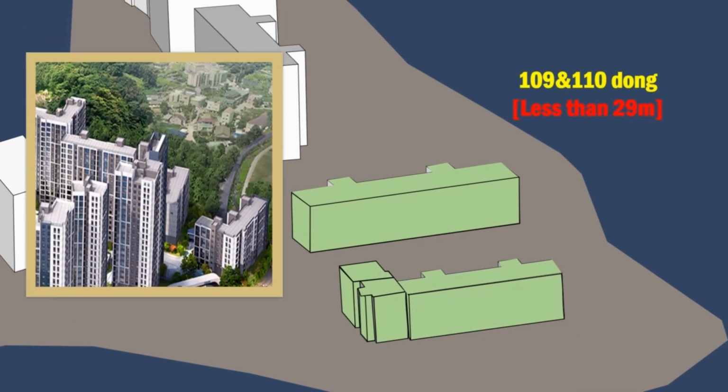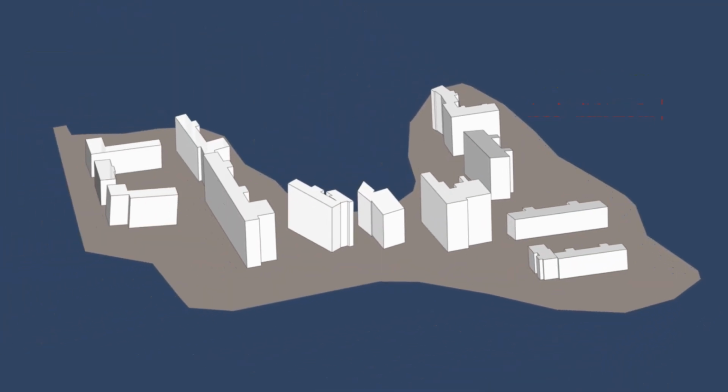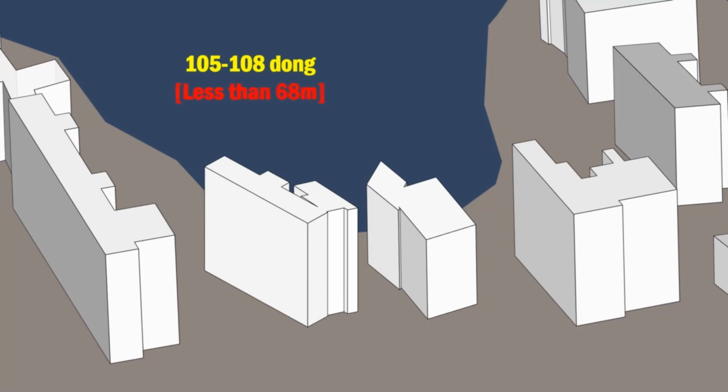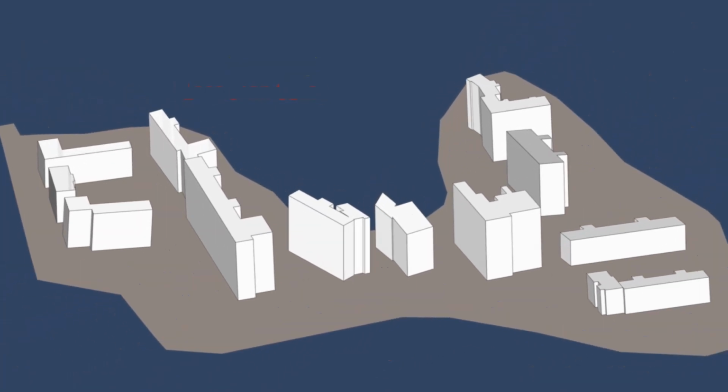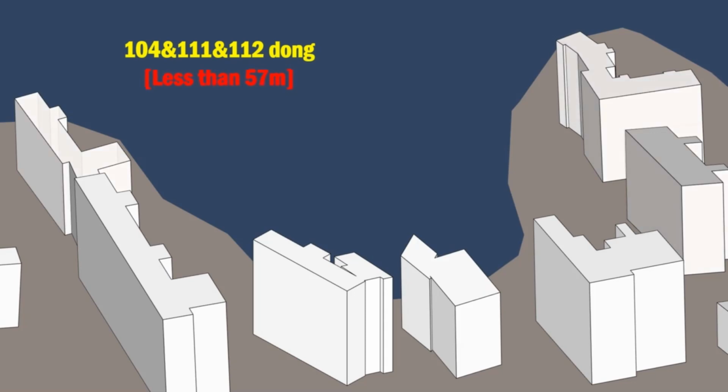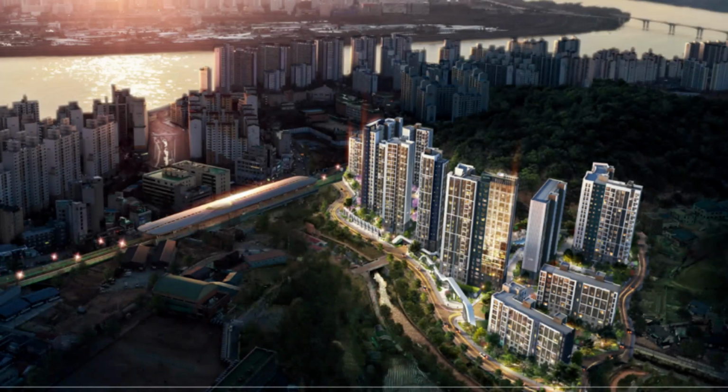Buildings 109 and 110 facing Shin Bin-shin's tomb must be built lower than 29 meters tall. Buildings 105 to 108 in the middle were limited to 68 meters, and the remaining buildings like 104, 111, and 112 were 57 meters and below. This height limit is to protect the status and landscape of the two tombs.